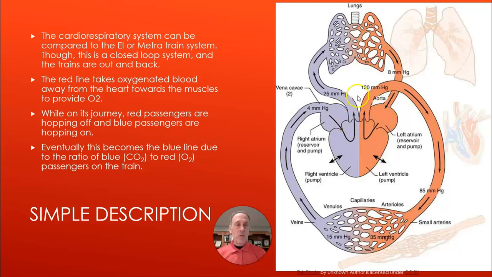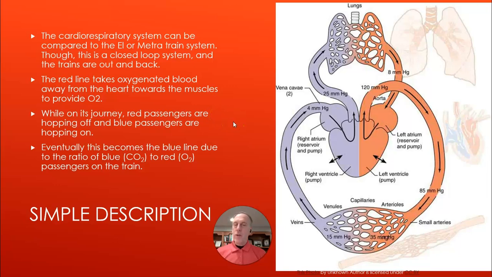So this closed loop system, as it's leaving, servicing, going to the heart, over to the lungs, back to the heart, back out to the body, is this constant jumping off and on of red passengers and blue passengers. In essence, it's a constant jumping on of oxygen in the lungs, then a constant jumping off of oxygen through the system, and then jumping on of CO2 as it makes its way back to the heart and then to the lungs for oxygen and CO2 exchange yet again across the membrane in the alveoli.